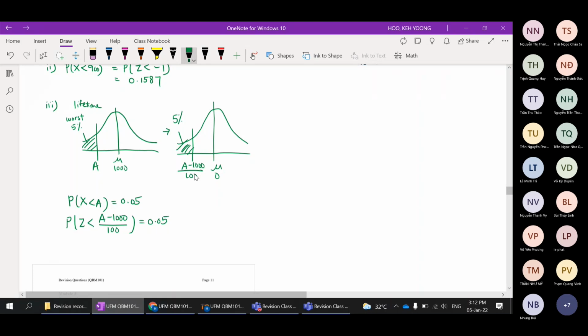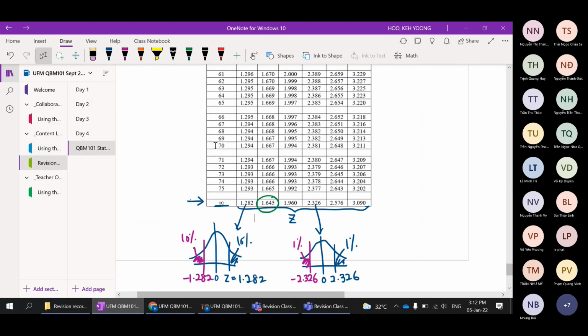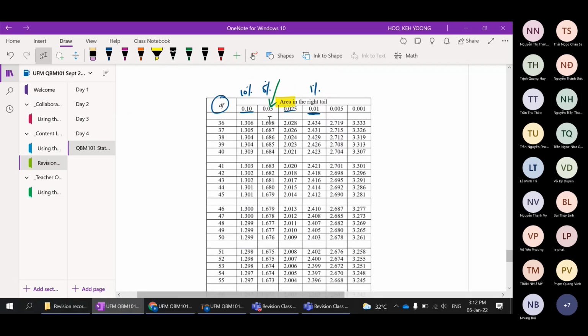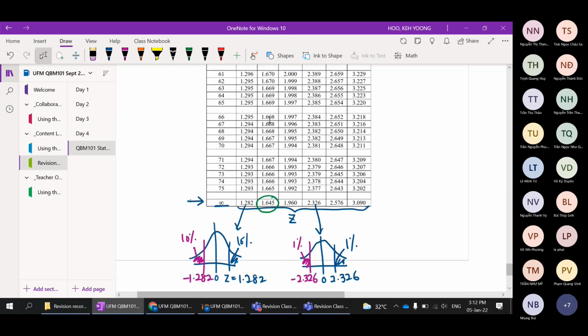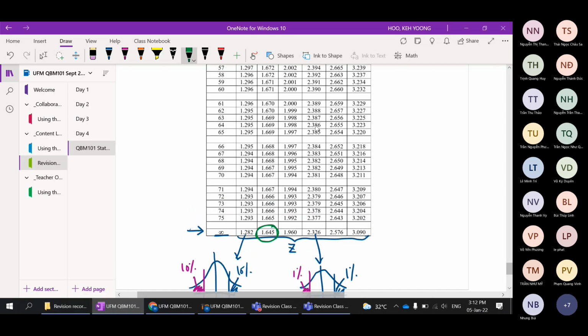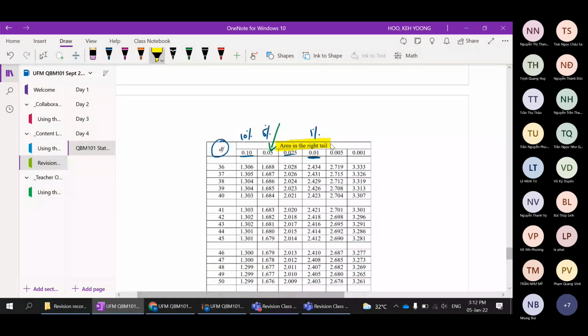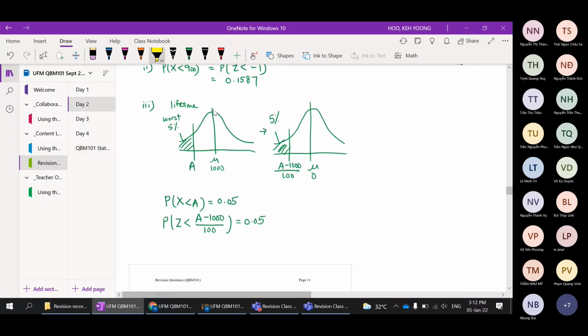So where is the Z value for 5%? Same as the previous questions, 1.645. But 1.645 is for the area in the right tail. Right now our area is in the left tail, so this would be equal to negative 1.645.